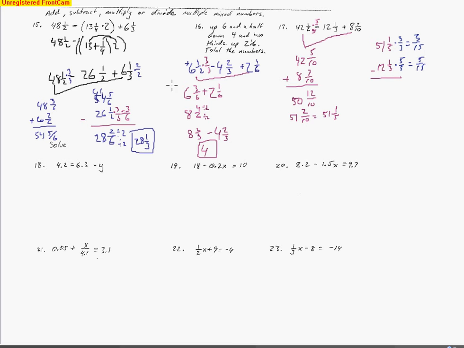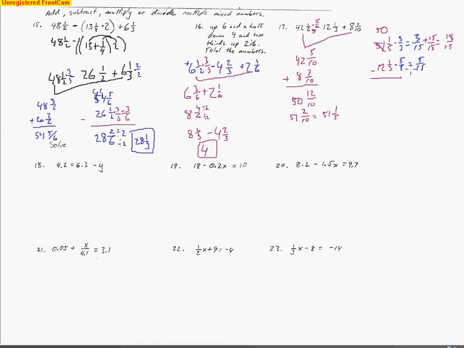So when I look at that, I can't quite subtract this way because the 5 is bigger than the 3. So I need to borrow. I'm going to end up borrowing from the 51, change it to 50, and then I need to add on 15/15. When I do that, that leaves me with 18/15.